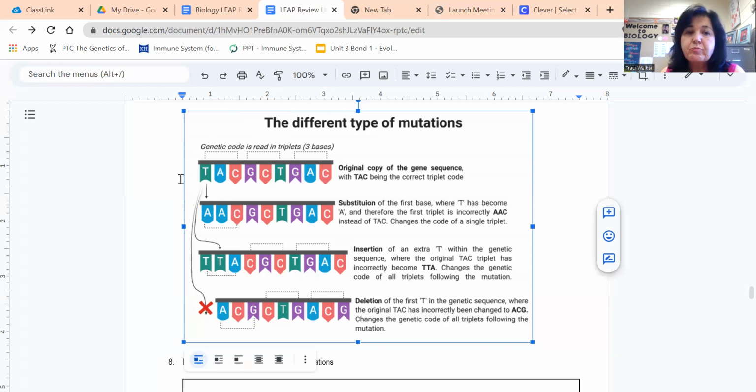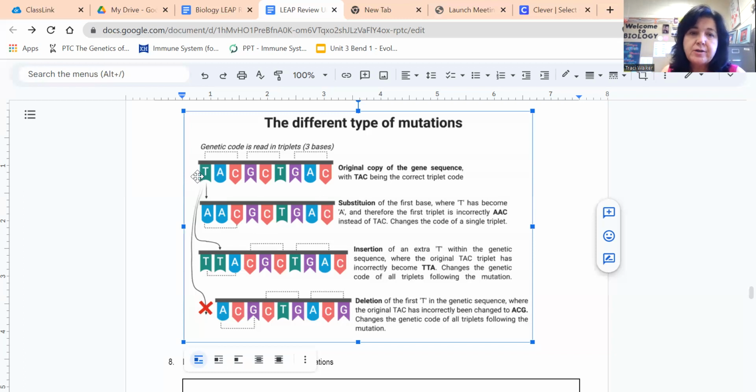And so if an error occurs, or a mutation, one of 3 things that might happen is called a substitution. So in a substitution, the wrong nitrogenous base is put in place of the correct nitrogenous base.